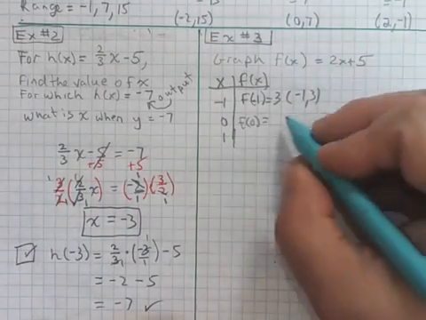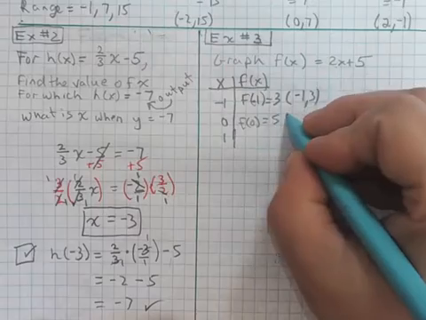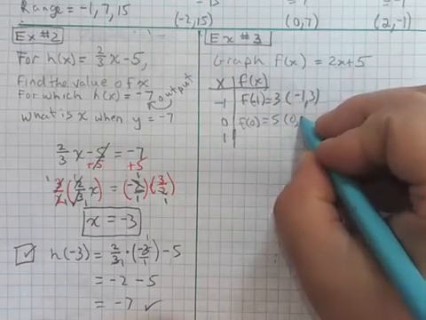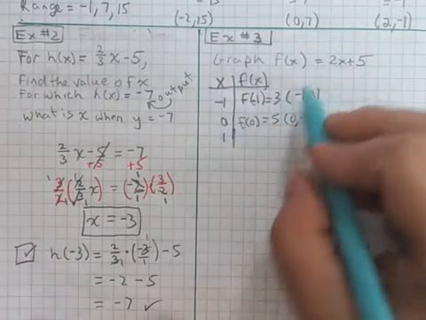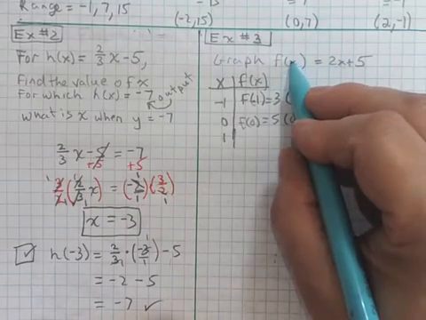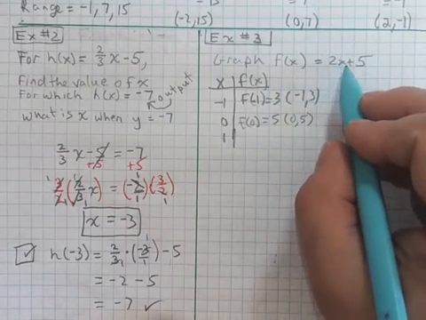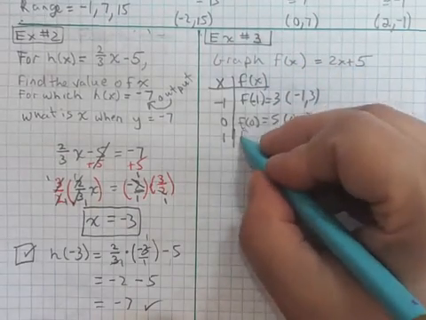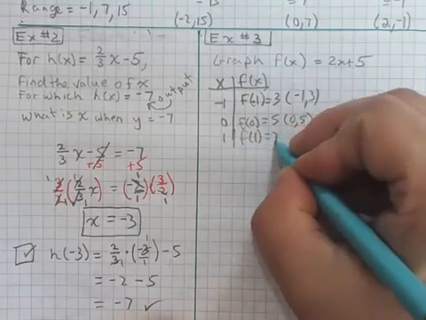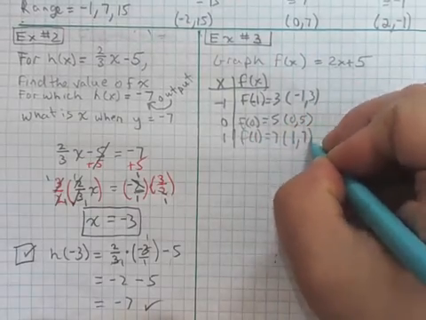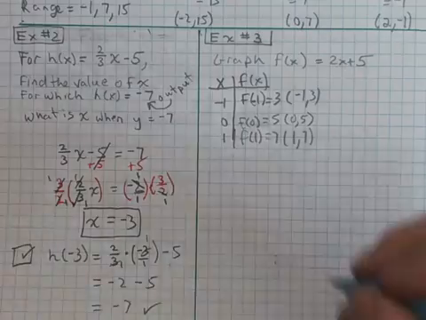That's 0 plus 5, which is 5. And so our ordered pair is 0, 5. And then plug in 1. So f of 1 is equal to 2 times 1 plus 5, which is 7. That gives us the ordered pair 1, comma 7. Okay, so we have some points that we can plot.